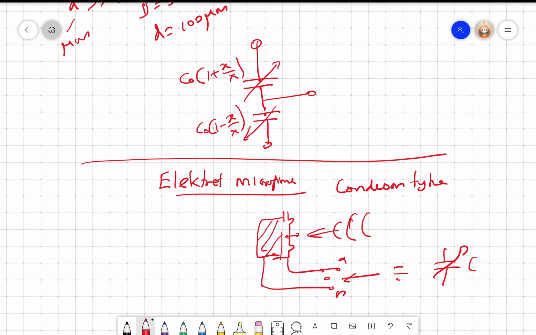So you can put it in a signal conditioning circuit. I will talk about it, it's already 46 minutes, so I'll talk about the signal conditioning circuits in the next lecture. So this is a very popular microphone.